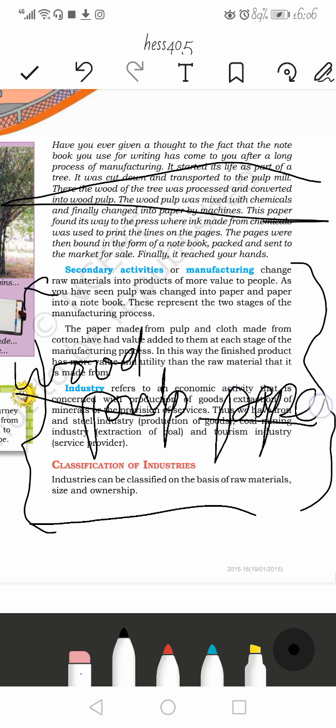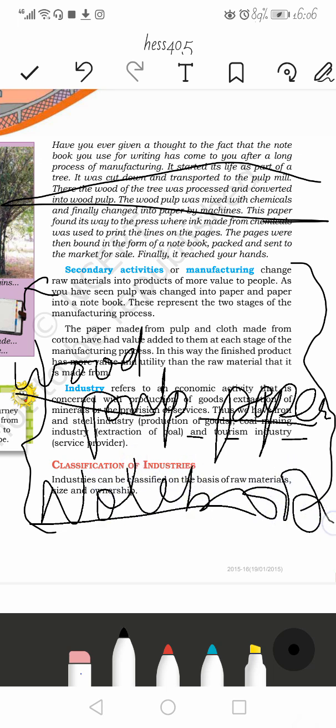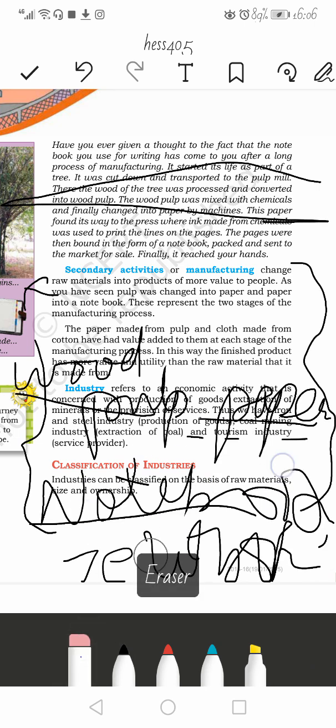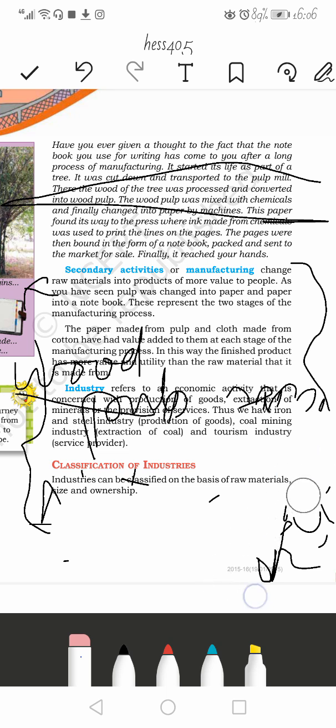Paper is the processing stage, and now paper can be made into what? It can be made into a notebook. You can sell it as paper itself. It can be made into a textbook. Our textbooks are made of paper, they're not made of steel. So that is that. Okay, so let's move on.